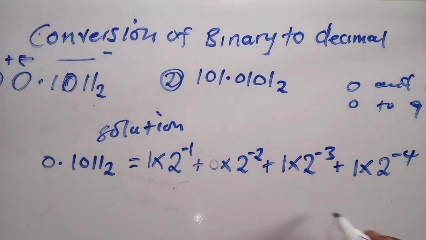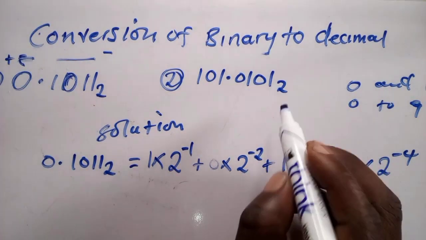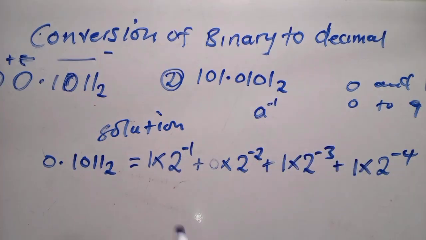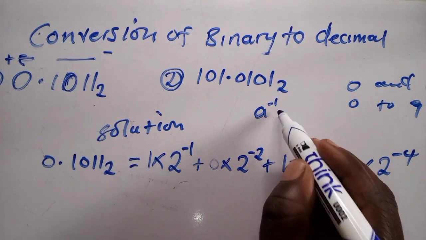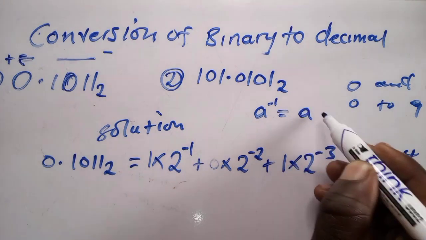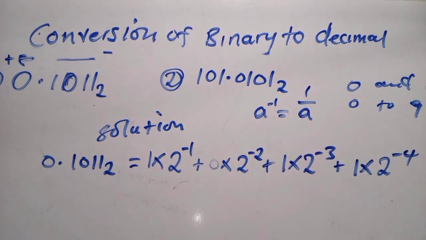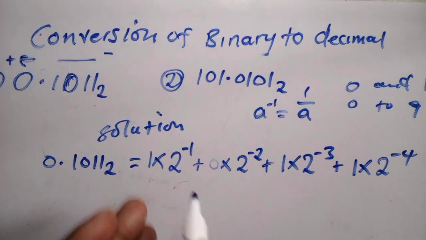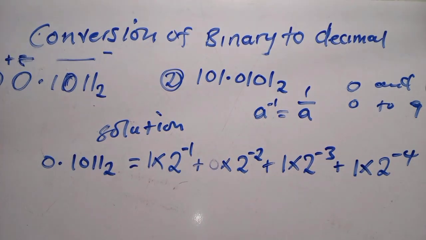So remember that in indices, we have this kind of question, a to the power -1. When you want to take it into positive, it will be 1 over a. So we have to take these numbers into fractions for us to calculate it well.